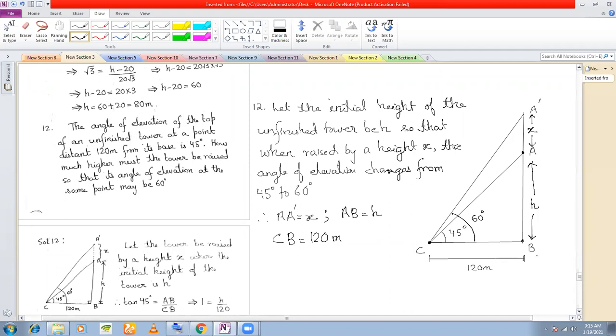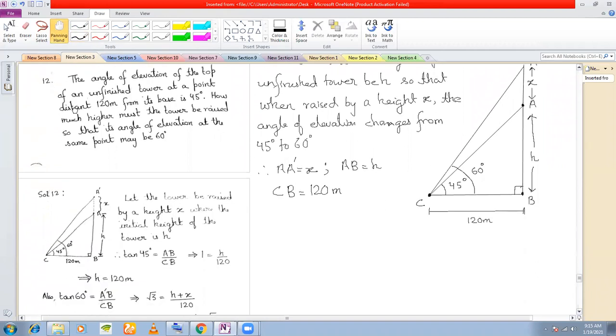Now I can see two right angle triangles here, the smaller right angle triangle ABC and the bigger right angle triangle A dash BC. We'll make use of both right angle triangles to find the heights. First we'll use the smaller triangle ABC.